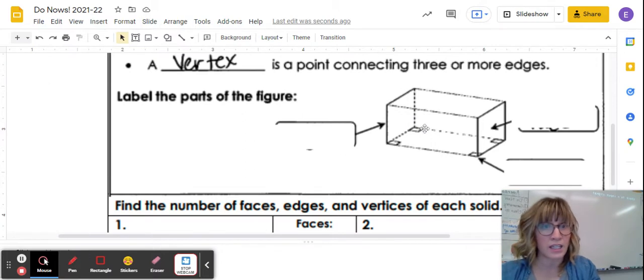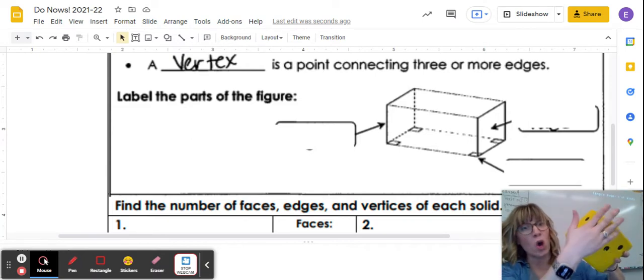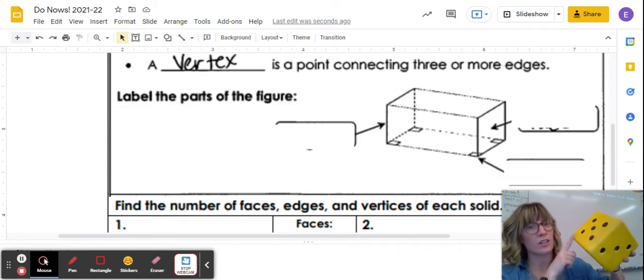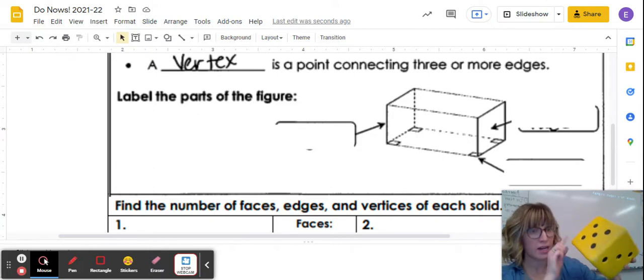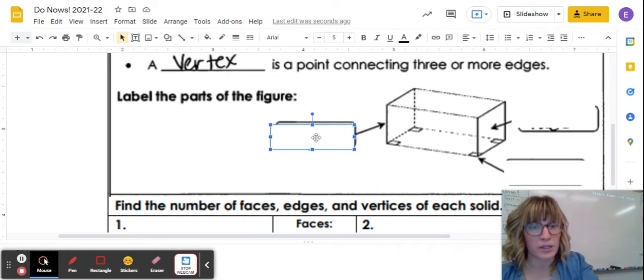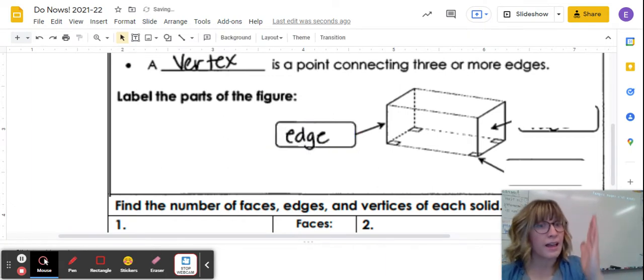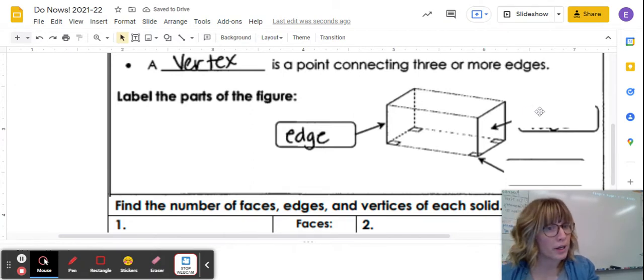So if we take that idea and here we have a rectangular prism, it's gone from a cube like we have here, a cube meaning that all of the side lengths are the same length, to make it a square shape turned three-dimensional. Here we have a rectangular prism. So what this is pointing to here is the edge, that line. You could think about the flat part.